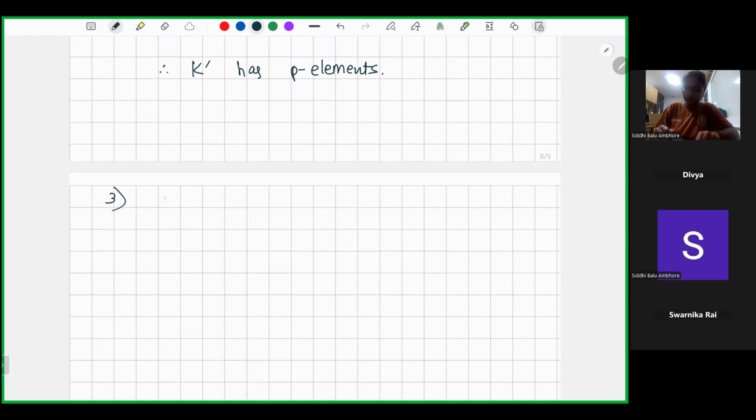We have to show that q is equal to p^n, with n equal to the dimension of K over K', and q is the cardinality of K. So note that q is the cardinality of K and the cardinality of K' is p.